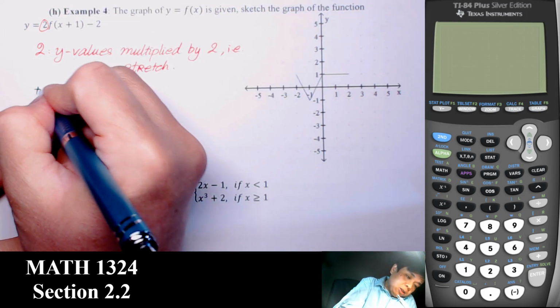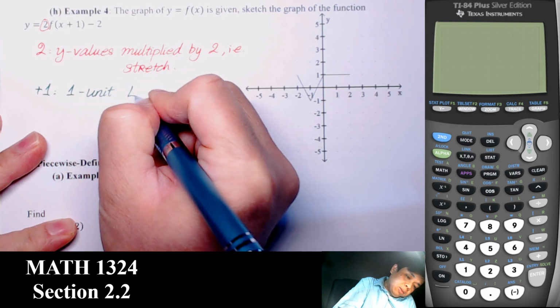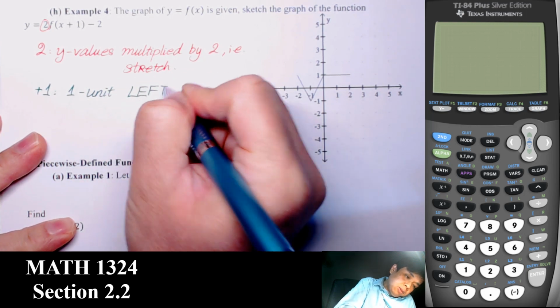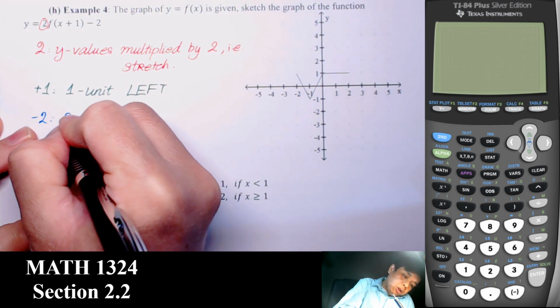Plus 1, that's 1 unit to the left. Minus 2, that's 2 units down.